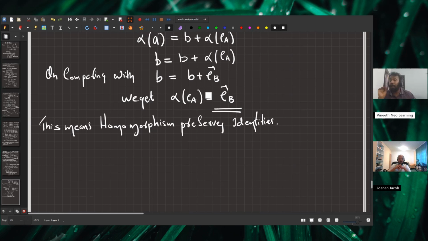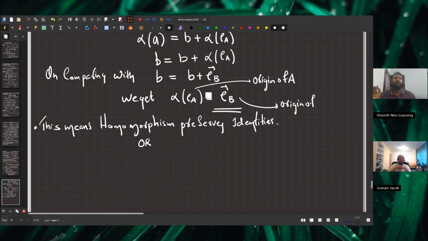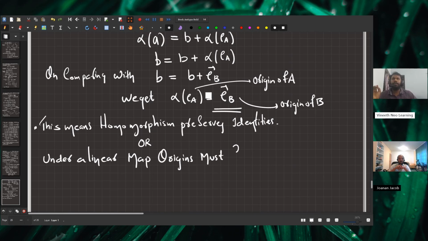Or, under a linear transformation, the origin must coincide. This is the origin of A, and this is the origin of B, right? Yes. Or under a linear map, origins must coincide.